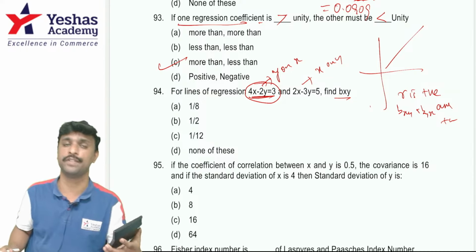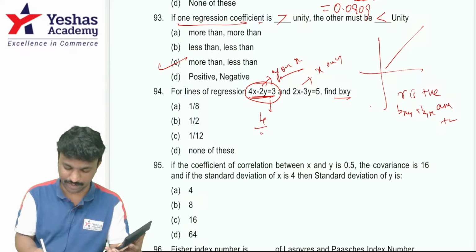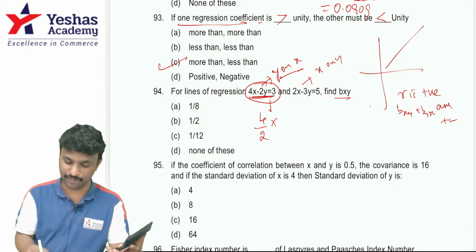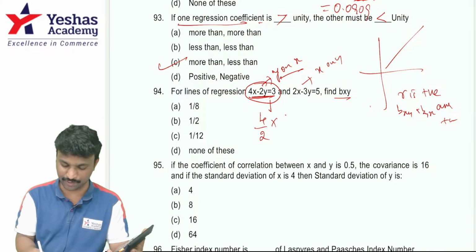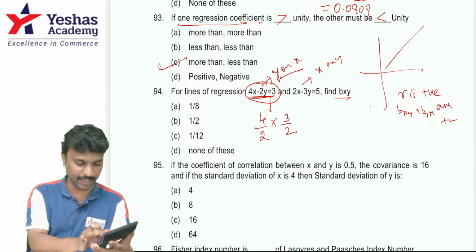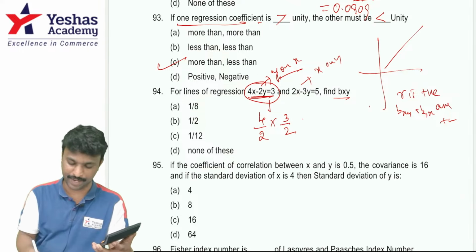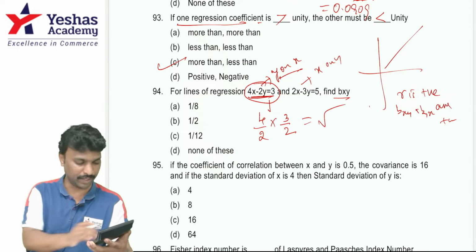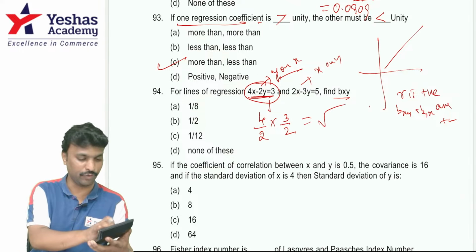From the y on x equation, you divide x by y values, 4 by 2, into divide y by x from the second equation, that is 3 by 2. Now 4 divided by 2 into 3 divided by 2, press equal, then press the root to find the value of r. It is 1.732.